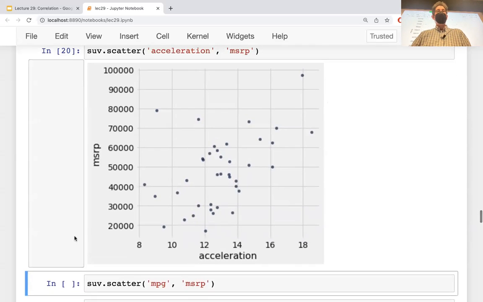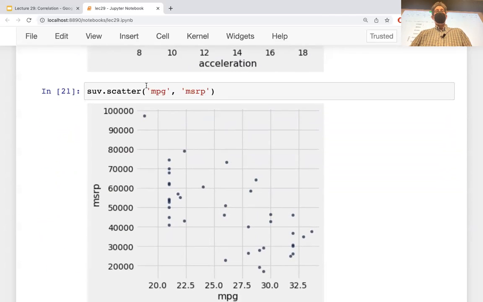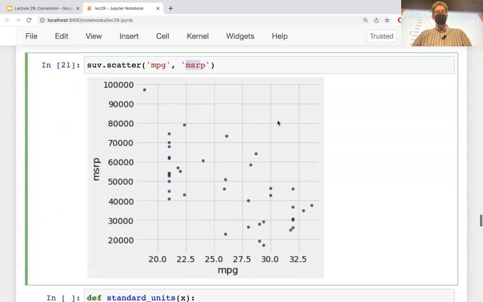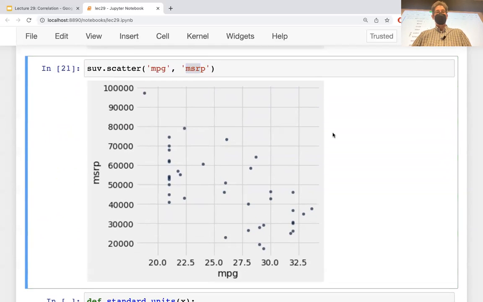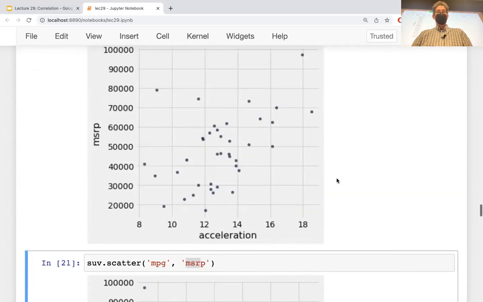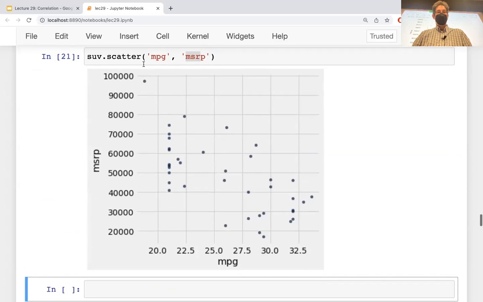Okay, and among SUVs, what's the relationship between miles per gallon, fuel efficiency, and price? To me, this looks much more linear than the previous chart, which was all hybrids.